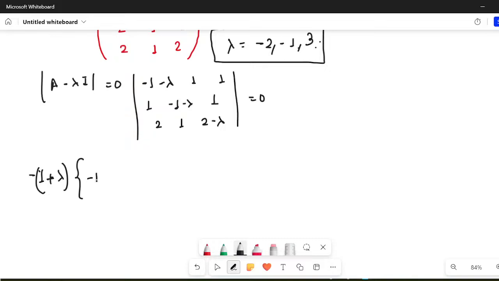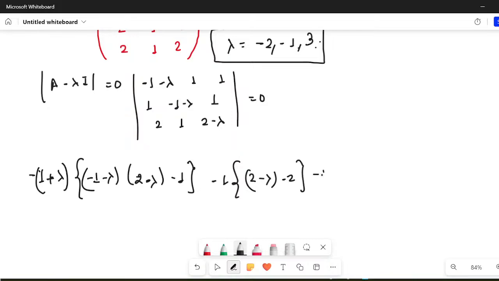I have minus 1 minus lambda into 2 minus lambda minus 1. Then I will have minus 1 times 2 minus lambda minus 2, and then plus 1 times 1 plus 2 times lambda plus 1, I think. Okay, I think this is absolutely clear.